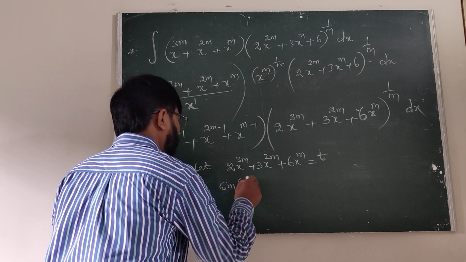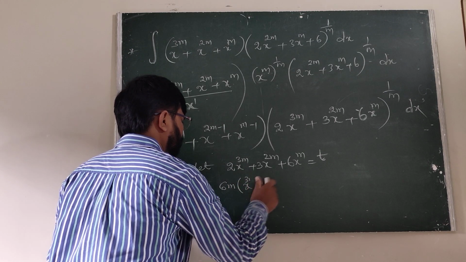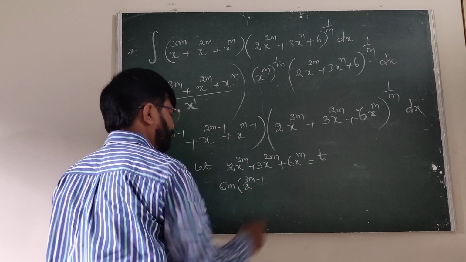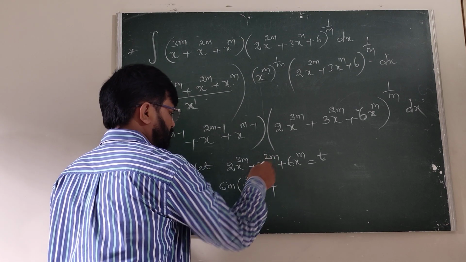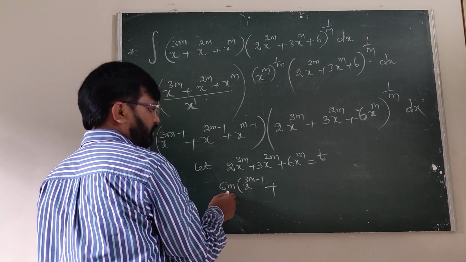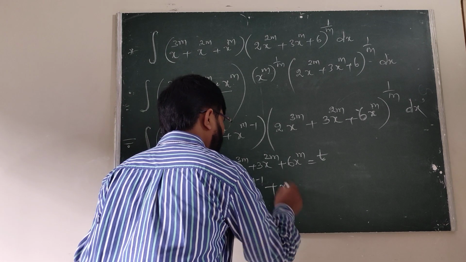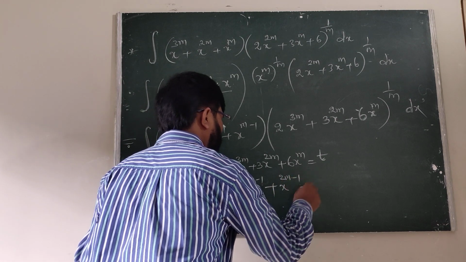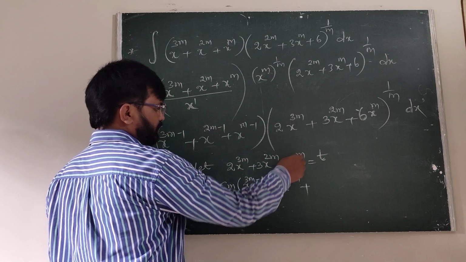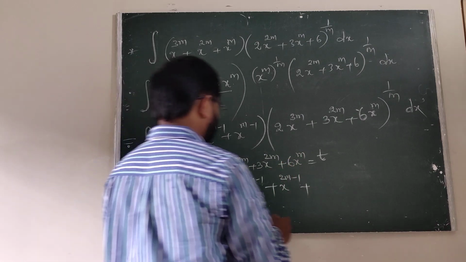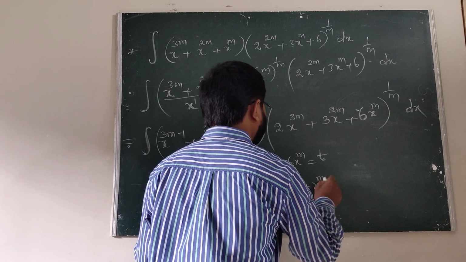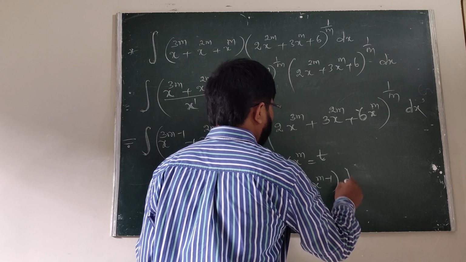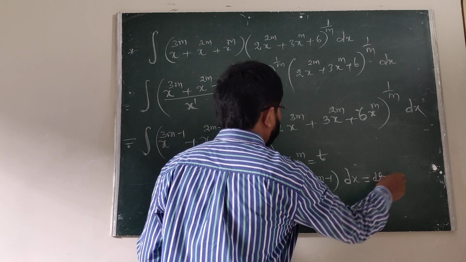Therefore x^(3m-1). Is it okay? After that, 2 3 is 6m, we are taking 6m as the common factor. What is remaining? x^(2m-1). Now this is also 6m, we are taking 6m as the common factor, x^(m-1), whole of dx equal to dt.